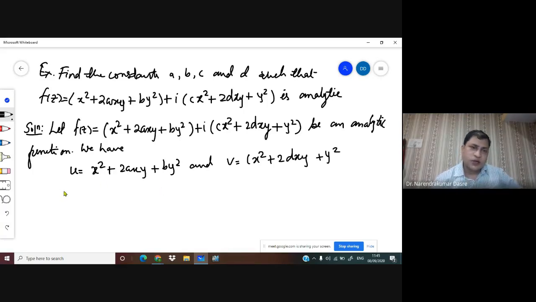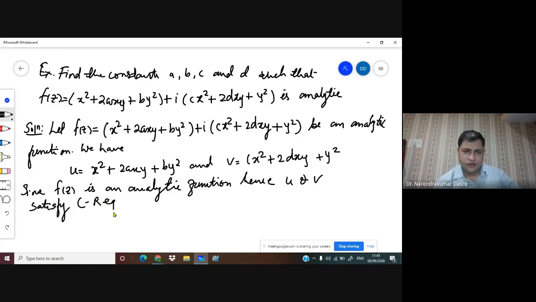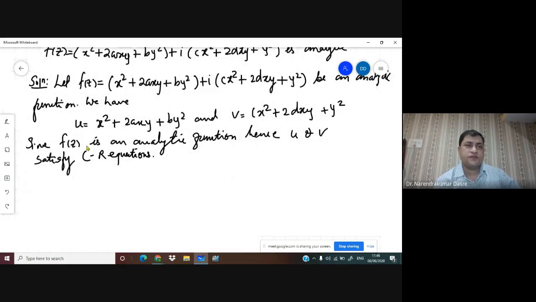Now what we can say is, since f of z is an analytic function, hence u and v satisfy CR equations. So what are the CR equations we have?